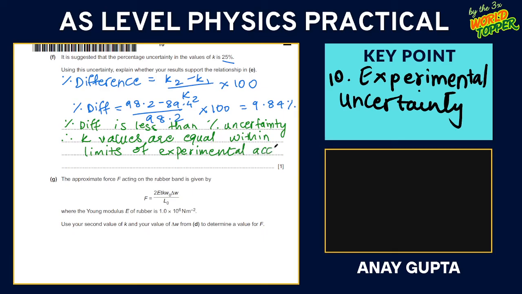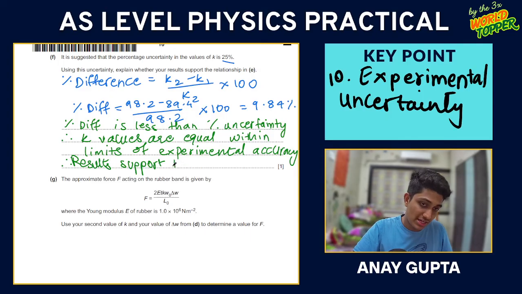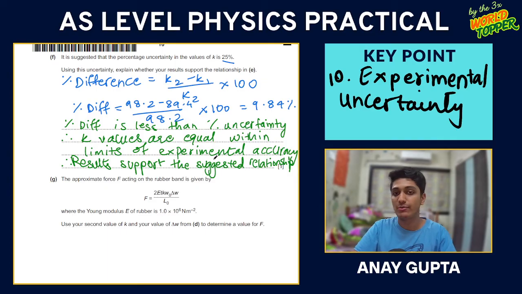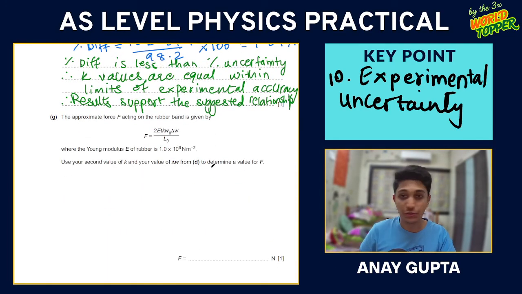If it was not equal, it would have been unequal beyond the limit of experimental accuracy. And so thus we can say results support the suggested relationship. So we have established a suggested relationship. This entire answer will fetch you your 1 mark.